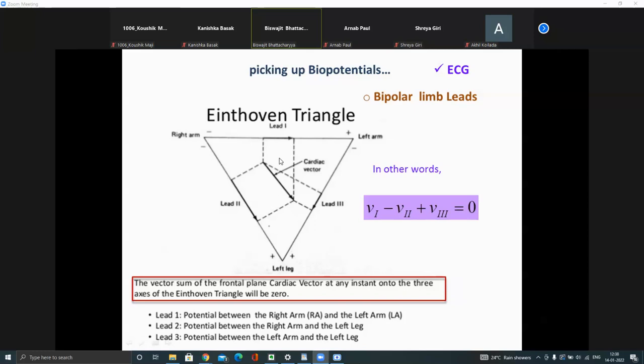Our cardiac vector is pointing from upper left corner to the lower right corner, and its projection on the three leads will have different values. But at any instant, the algebraic sum of the voltages must be 0. So that's how the voltages will be found.